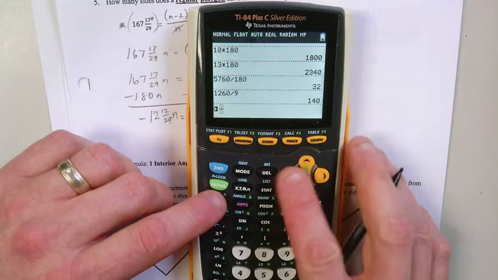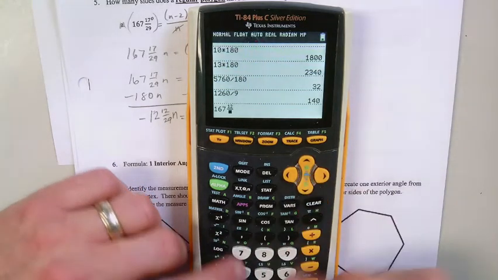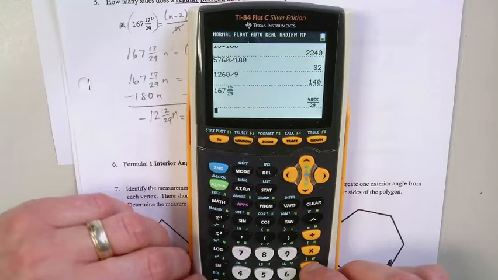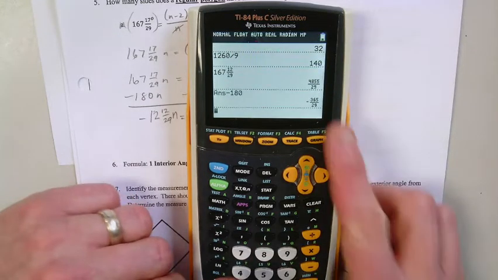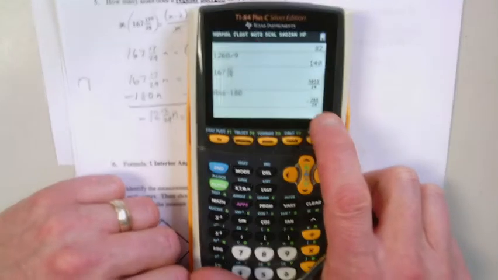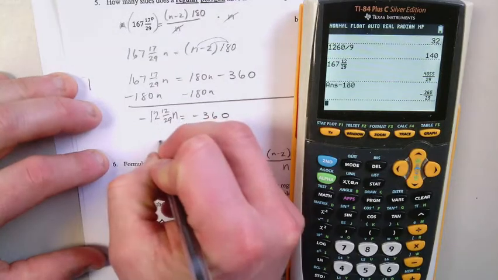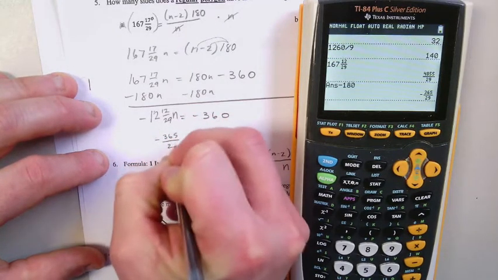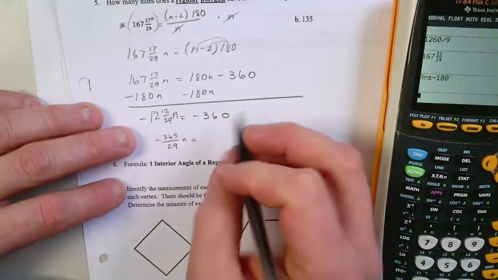So I've got my fraction, got 167, 12 divided by 29. Okay, now we're going to subtract 180 from that. Okay, now I get this number right here. Really, I can leave it just like that, negative 365 over 29. Okay, that's the same thing as negative 12 and 12/29.